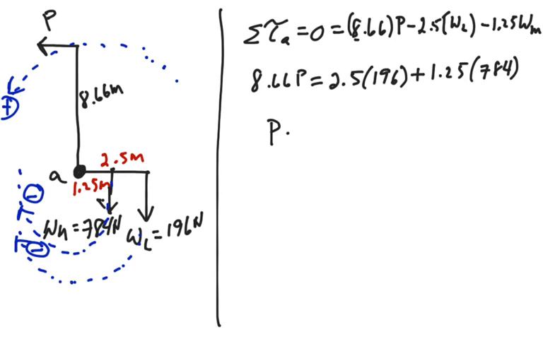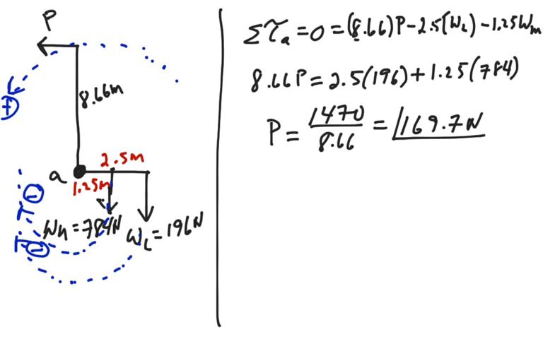So P is equal to all that, 2.5 times 196 plus 1.25 times 784 is 1,470, divided by 8.66, and I get 169.7 newtons. So that is the force of the wall on the ladder.